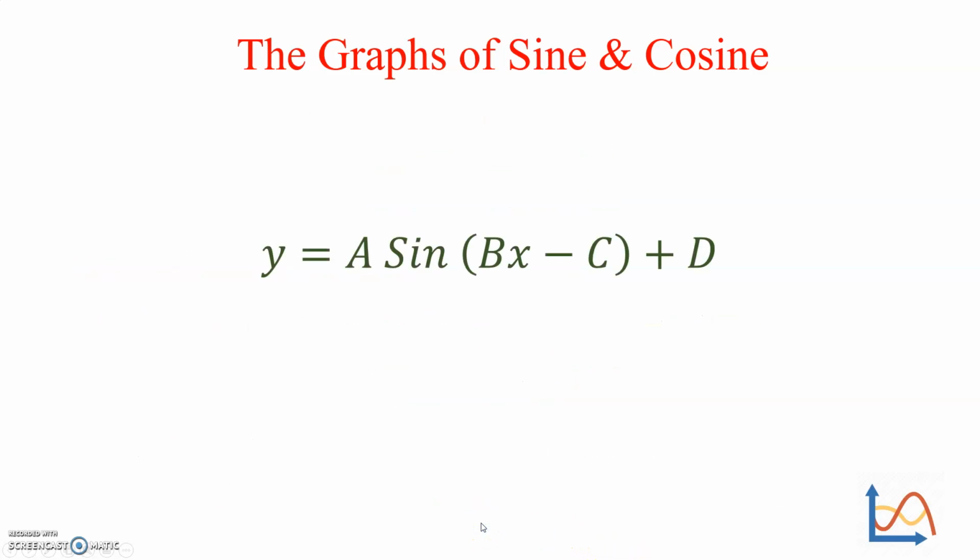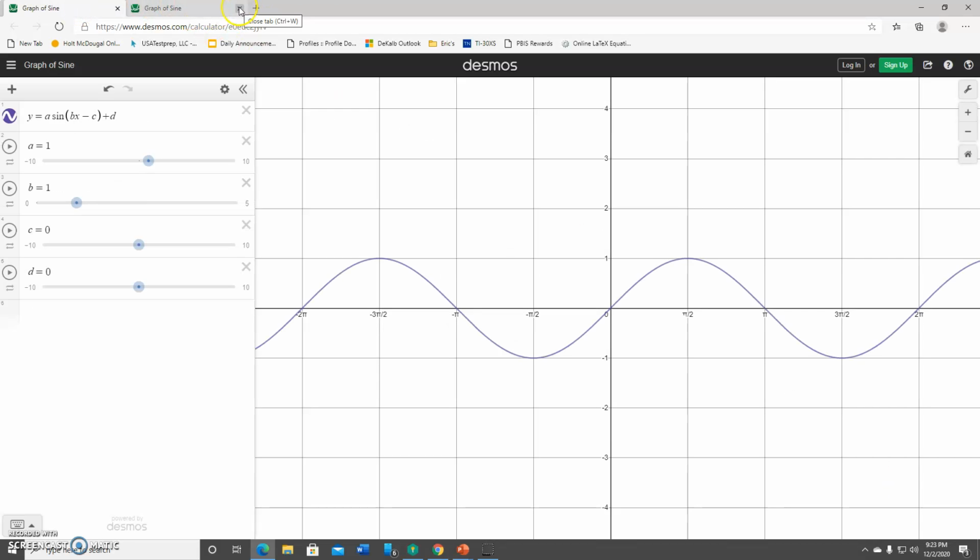So what we're going to do now is take our general form and begin to discover what each of the different variables will tell us about the graph. So we'll start with what I have here, an actual graph of sine of theta, or sine of x. And you notice the function that I have here is actually in the general form. And this is the typical equation, the graph we created when we first drew y equals sine x.